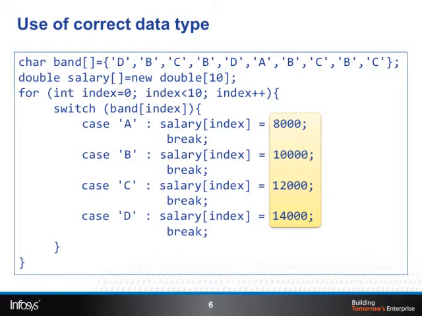This implicit conversion will take additional time which can be avoided by using the correct data type. After using the correct data type, the code will be as given. Here, in place of assigning integers, we have assigned double values directly to the array elements.